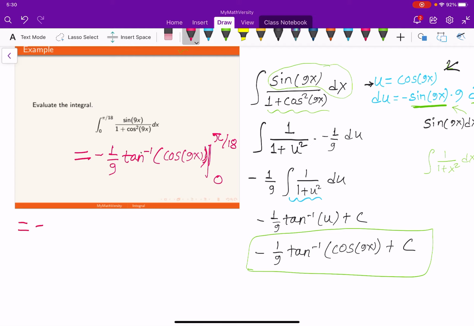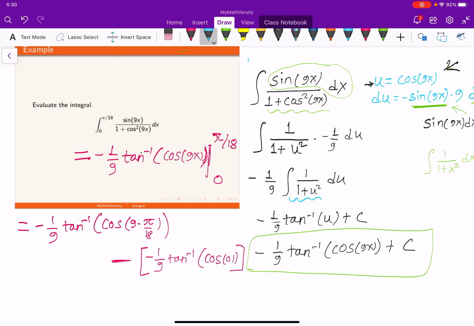This will be equal to negative 1 over 9 times inverse tangent of cosine of 9 times pi over 18. So that's what we have when we evaluate this at the upper limit of integration, minus negative 1 over 9 inverse tangent of cosine of 0.